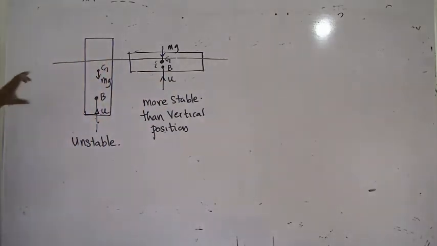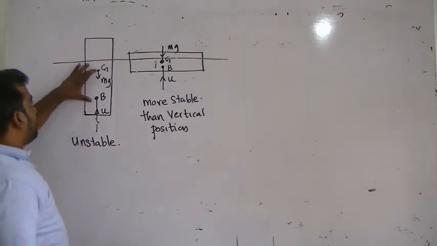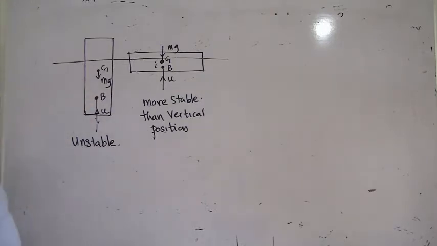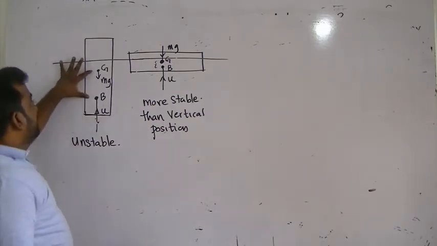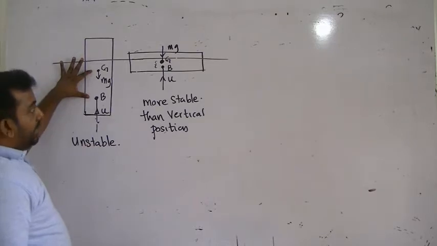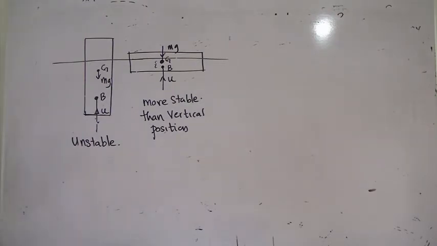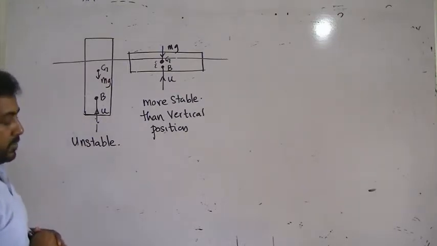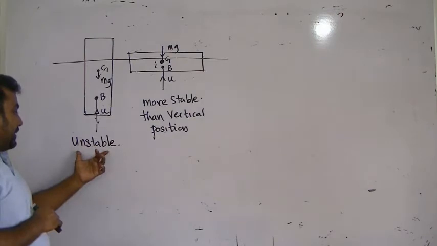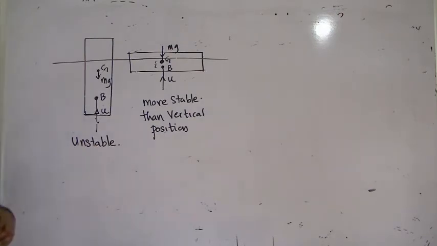When the cylinder is floating vertically, the center of gravity is above the center of buoyancy, and the distance between them is very large. Therefore, it is unstable.